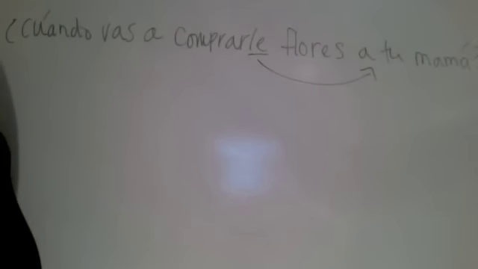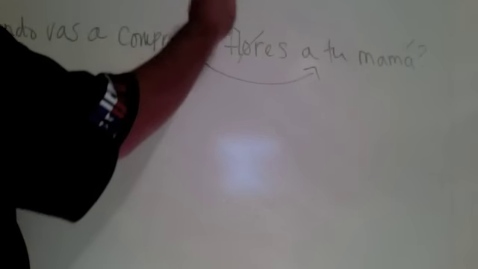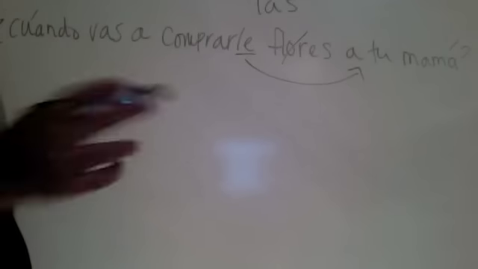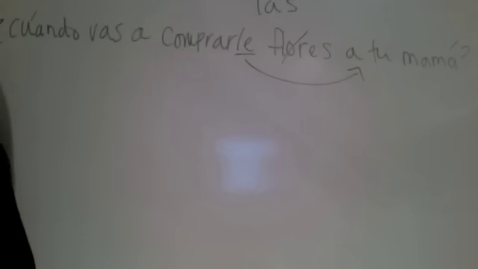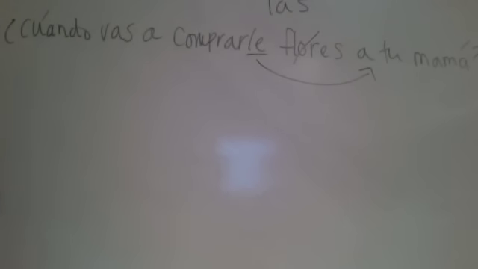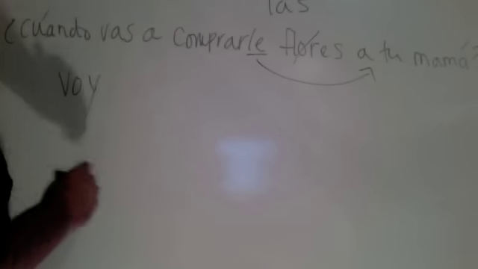So what is our direct object in the sentence? Las flores. For las flores, we're taking away the flores. We already have our indirect object there. It's already written for us. So how would you answer, I'm going to buy them for her tomorrow? You can do this one of two ways.